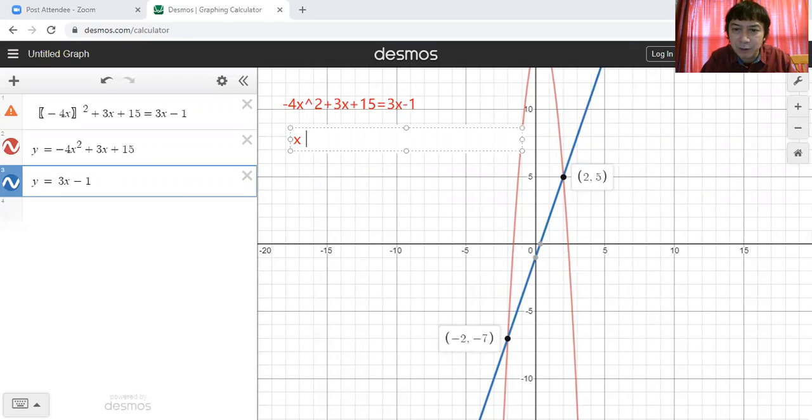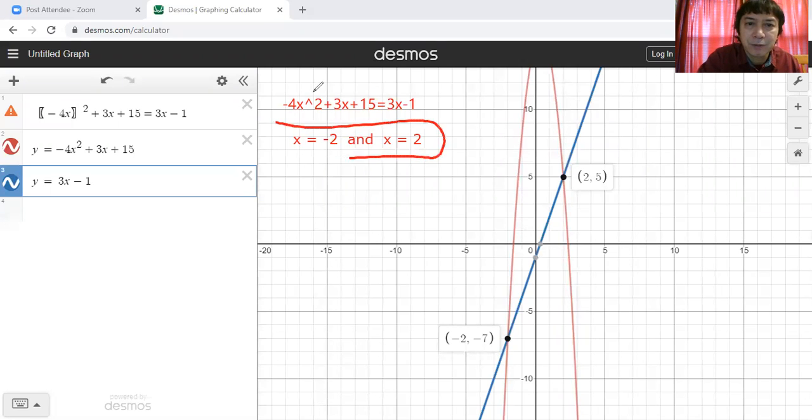So here we have x is equal to negative 2 and x is equal to positive 2. Those are the answers, as seen from the intersection points. So it's very fast here using the graphing calculator.